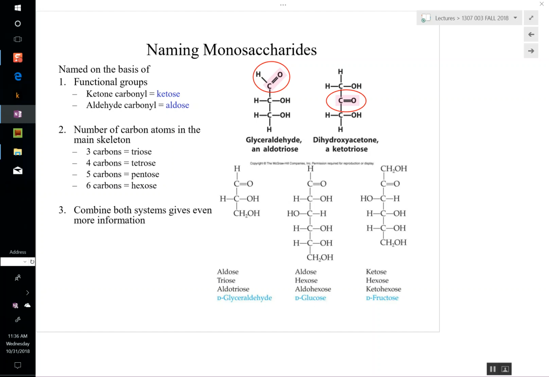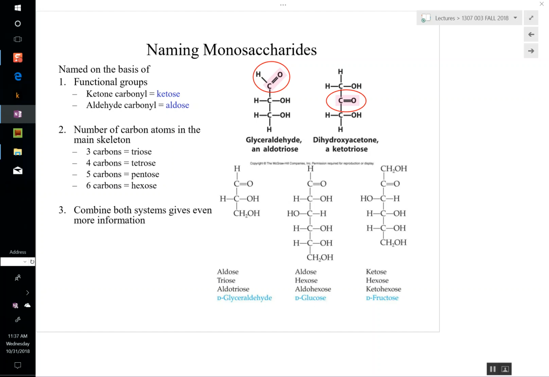I would star this slide just because it really does summarize different ways of naming saccharides. Now what they're concentrating on here are two things. What is the chain length? How many carbons are in this monosaccharide? And number 2, where is the carbonyl?